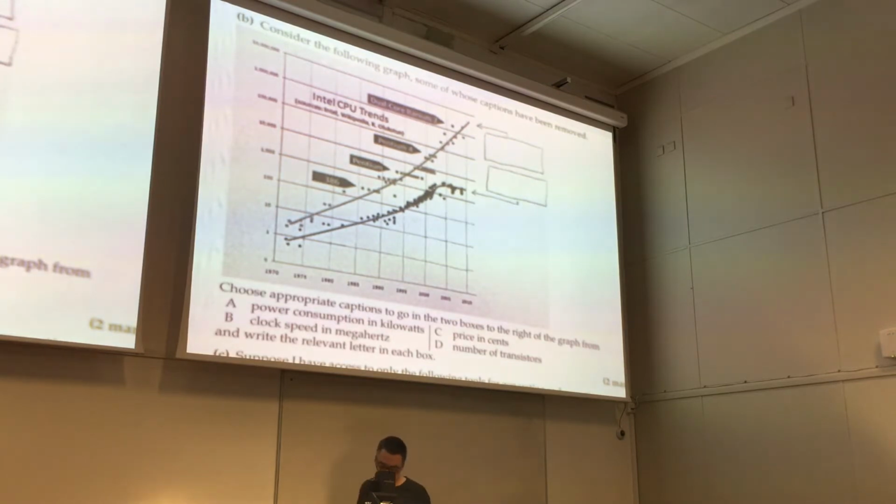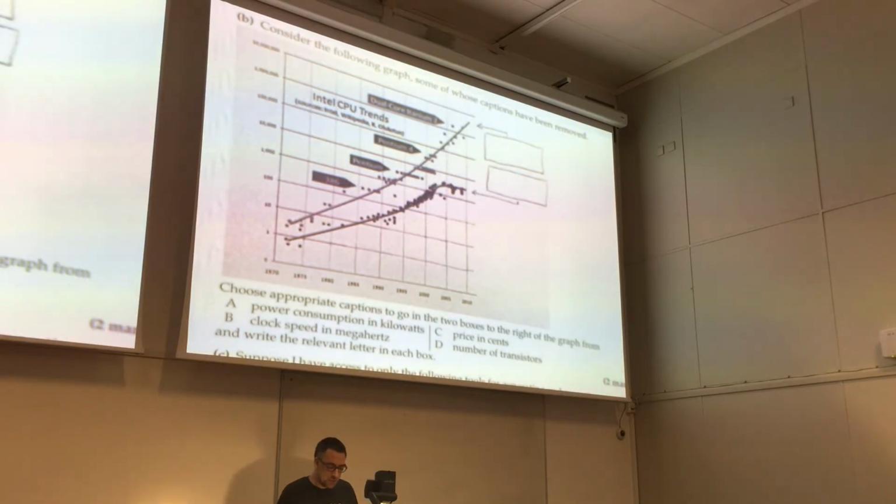So we're offered some options as to what these might possibly be about. We are offered quantities in units, and we're asked to fill in the two missing labels, choosing from these four options. A is power consumption in kilowatts.